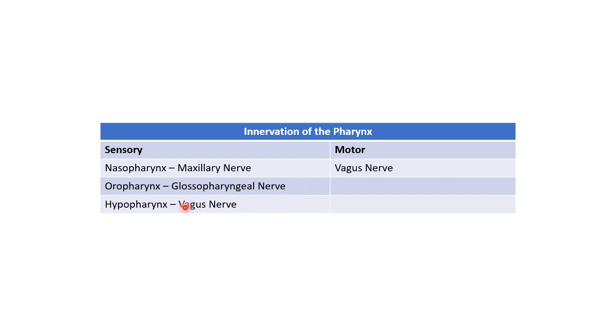So you will observe that as the portion of the pharynx goes inferiorly, the innervation also proceeds more distally. Maxillary, cranial nerve 5, cranial nerve 9, cranial nerve 10. The muscles of the pharynx are supplied by the veins.